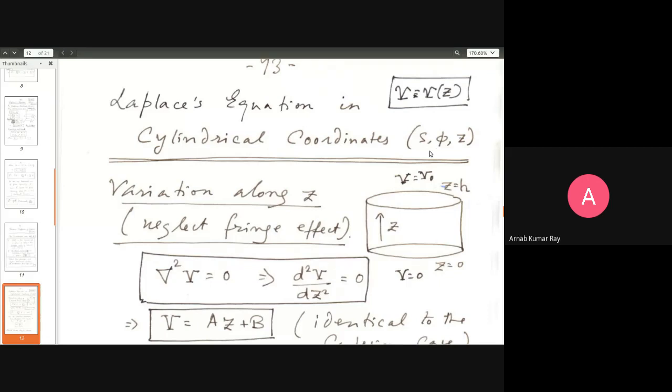We shall work with each of these variables, starting with the z variable. In the Cartesian coordinate system, I just worked with the z variable because the x and y variable problems will just be a replica of what we did with the z variable. So you just substitute z with x or z with y. But that kind of simplicity does not hold in either the cylindrical or the spherical coordinate systems. Let us see how.